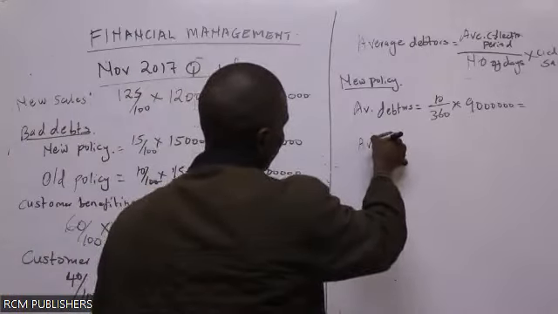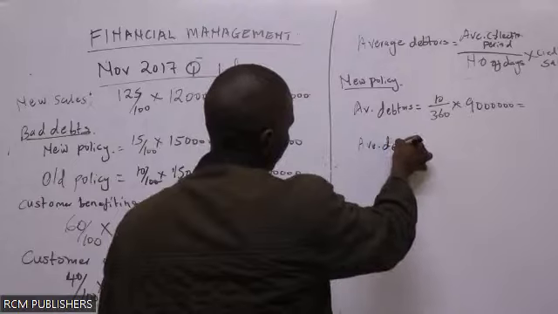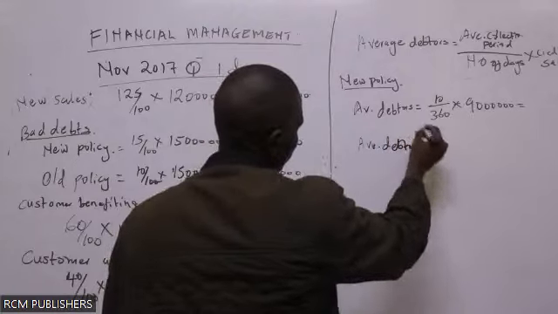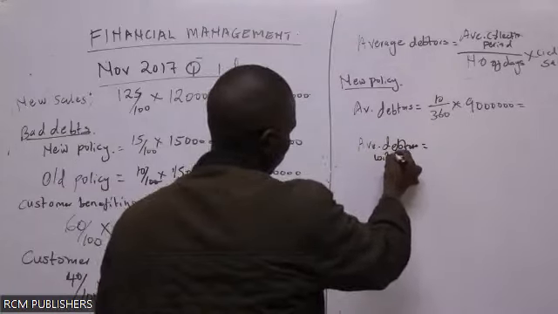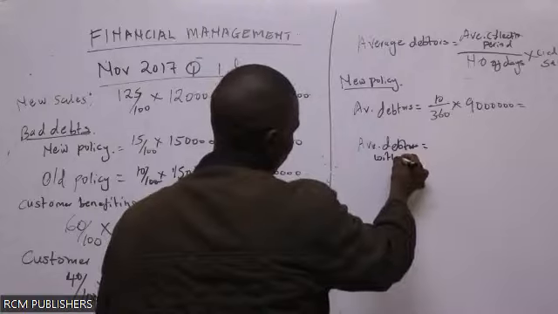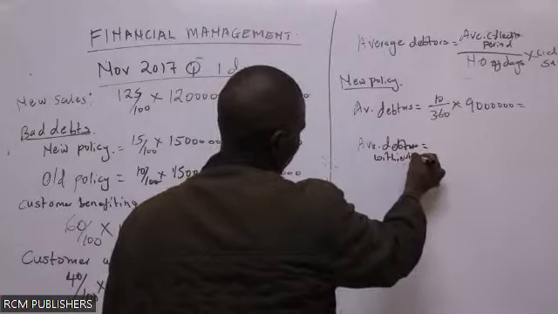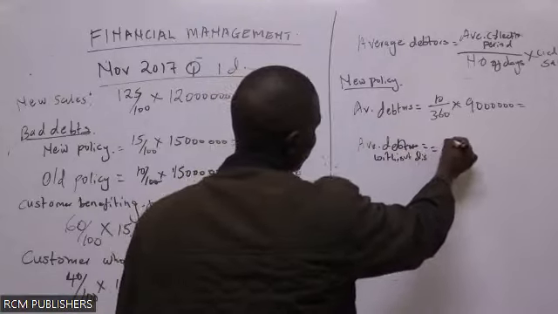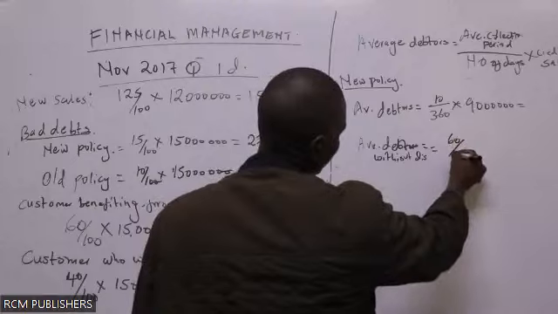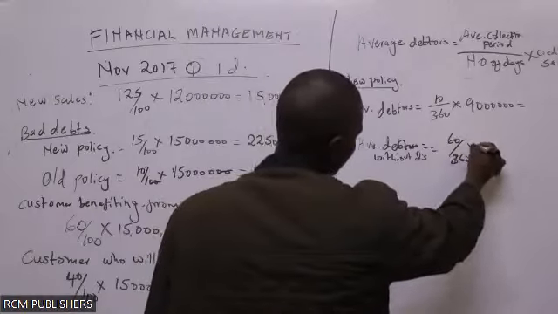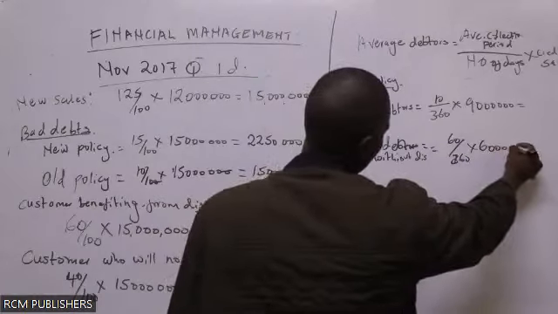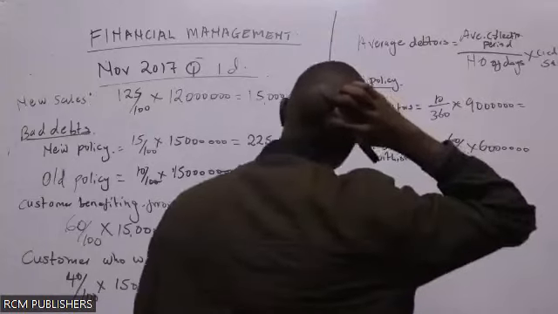So average data without discount. This is with offer. This is without discount: net 60 over 360 times 6 million. So give me the first average data.